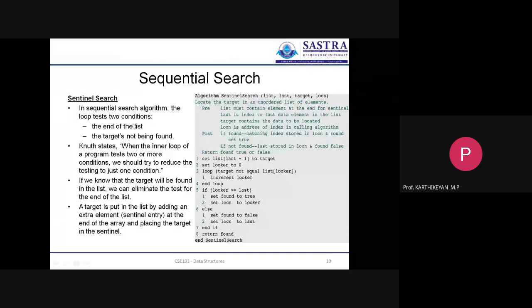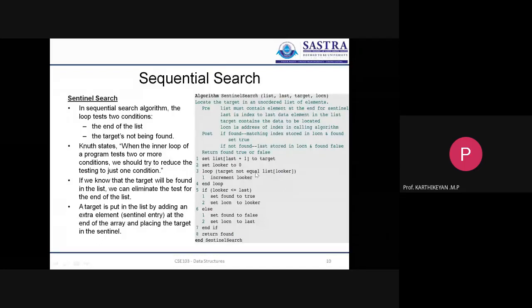Now see here, this is the modified algorithm. The same algorithm, with list, last, target and location. See here, set list of last plus one: as the last element of the list we are storing the target value. In the iteration we are checking only the target not equal to list. So we are not checking whether the looker is less than or equal to n.